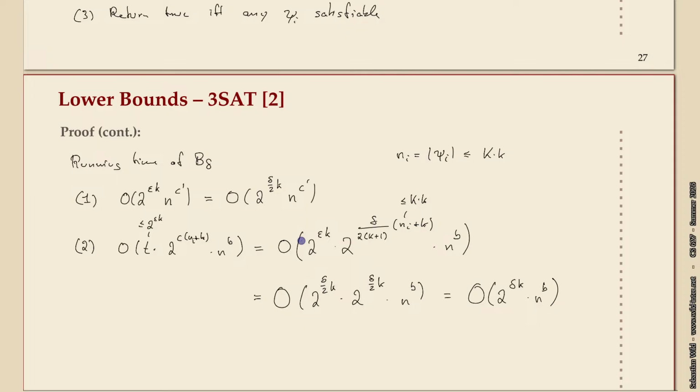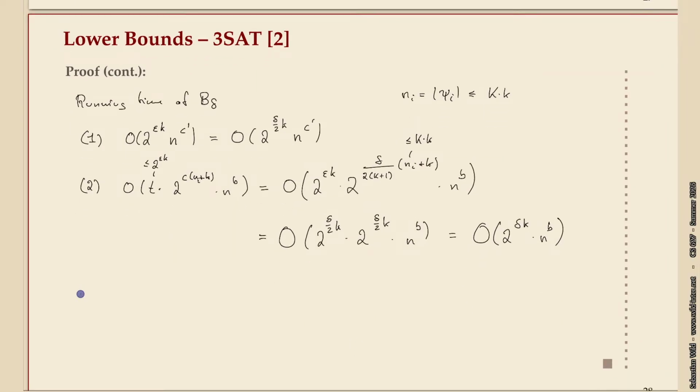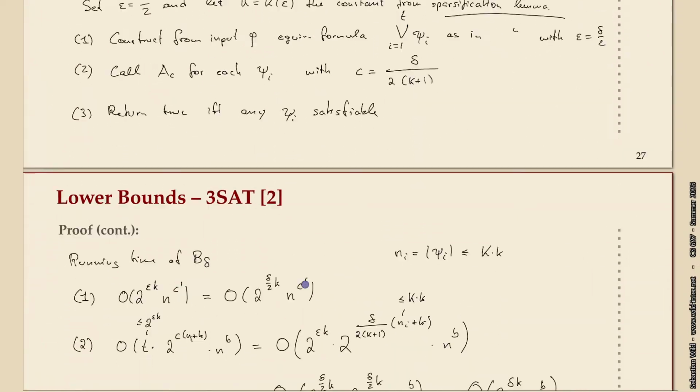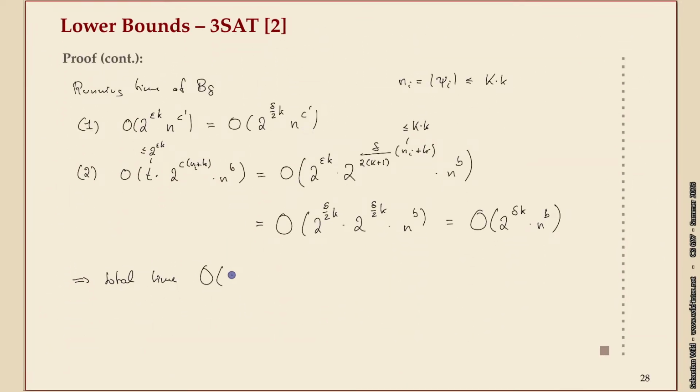And if you add up the two steps, the second is actually dominating everything, but the overall time is of this form. We can be generous and just take the delta times k and take the product of the polynomials, doesn't matter.